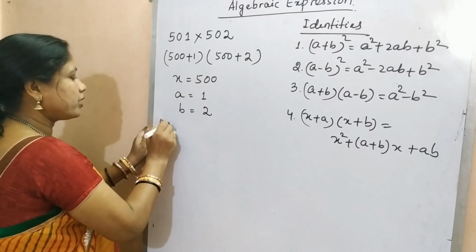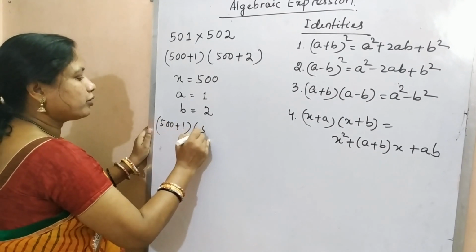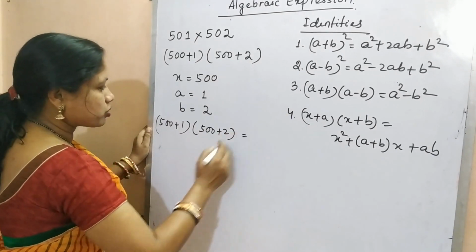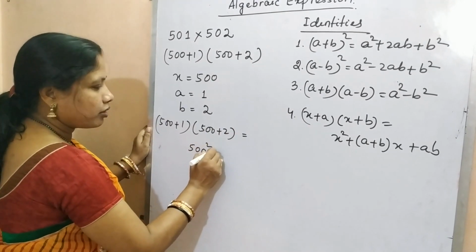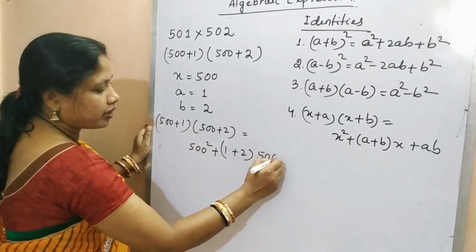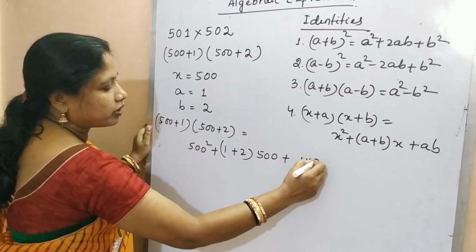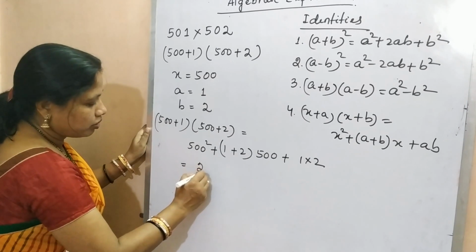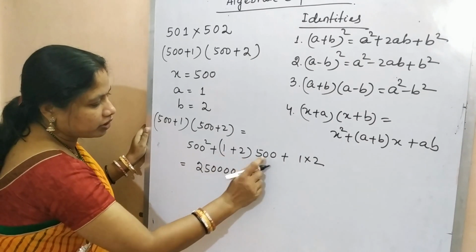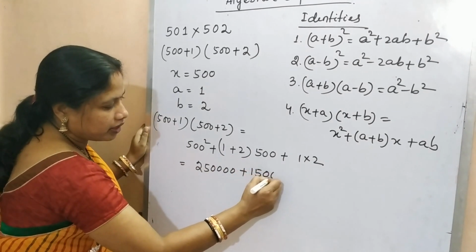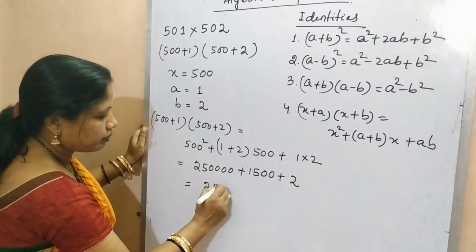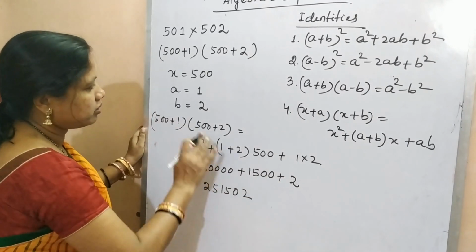Our identity is x square plus a plus b whole into x plus ab. So 500 square plus 1 plus 2 multiplied with 500 plus 1 multiplied with 2. This is 500 square plus 3 multiplied with 500, which is 1500, plus 2. So this is equal to 251502. So this is the answer.